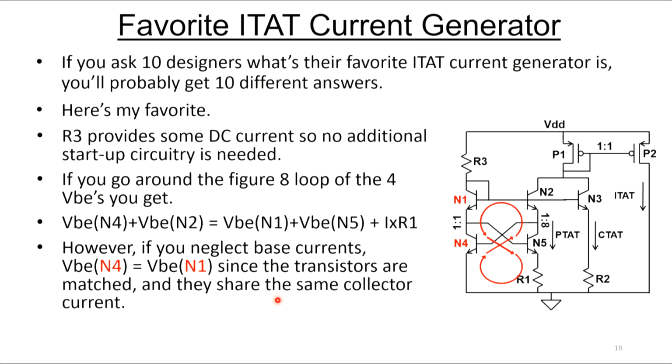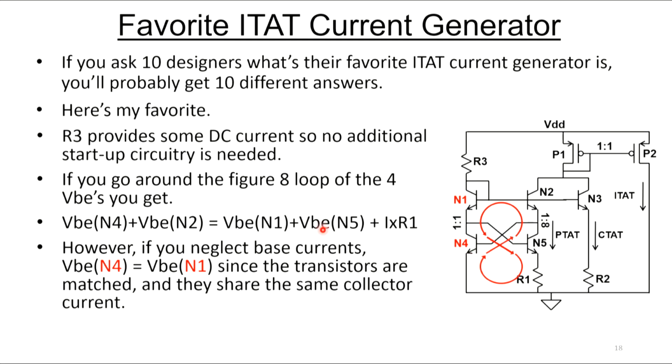However, if you neglect base currents, and you look at this branch right here, you say, oh, N1 and N4, they're in the same branch, so they have the same collector current. We're neglecting base currents, and they're matched, one-to-one devices. So this VBE and this VBE are going to match each other, going to be almost identical.